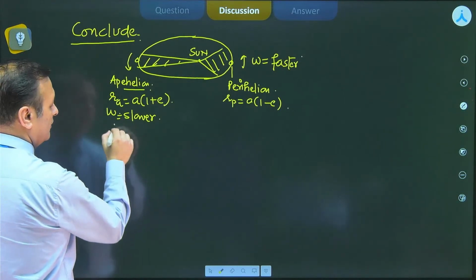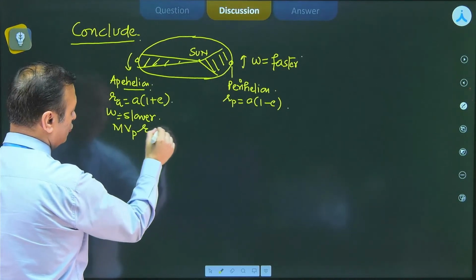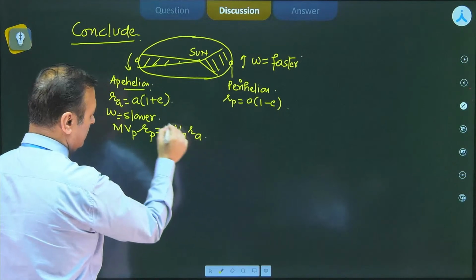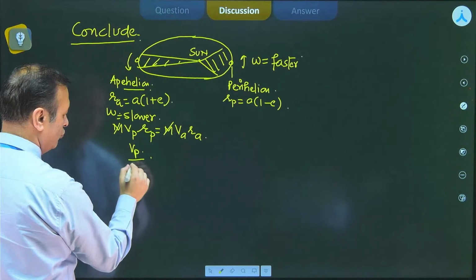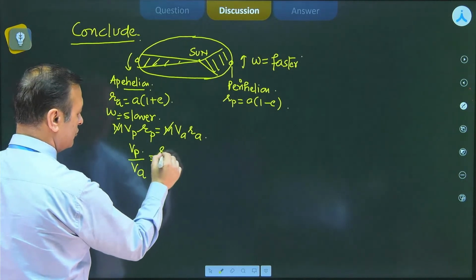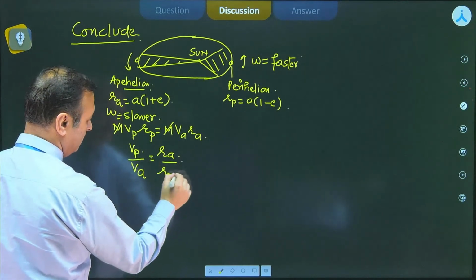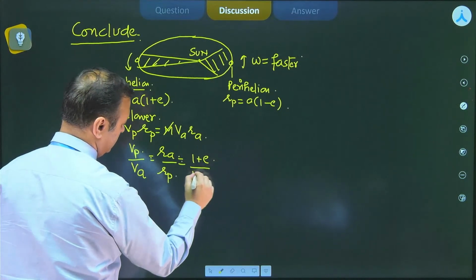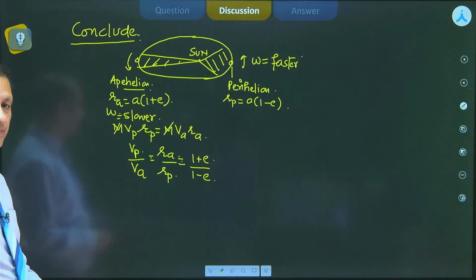And MVR at perihelion position is equal to MVR at aphelion position. So you can compare these two also, Vp by Va, in terms of Ra by Rp. Ra by Rp is this one. You got it or not?